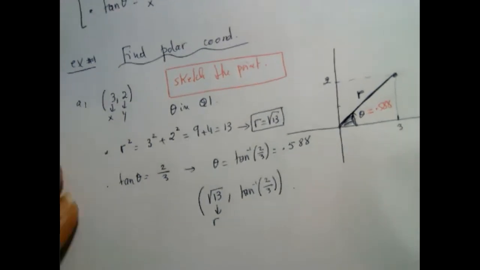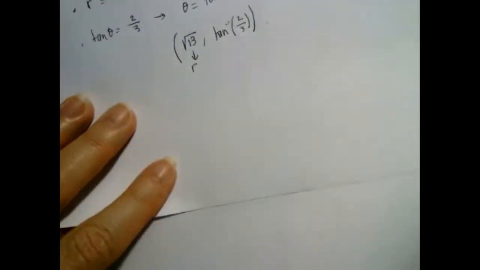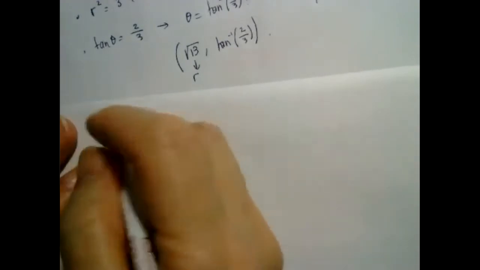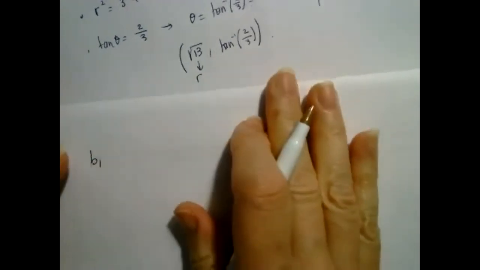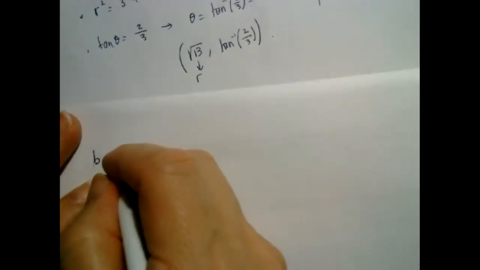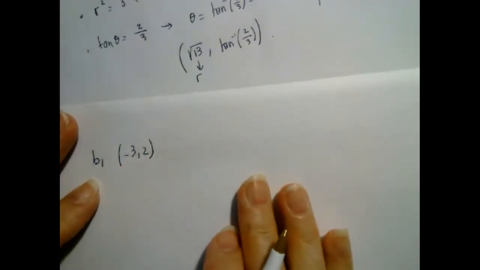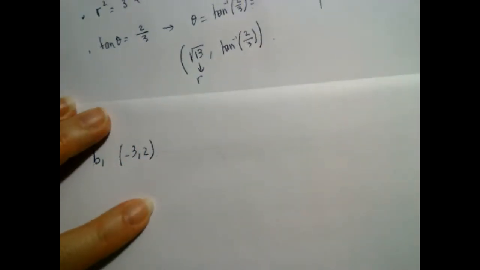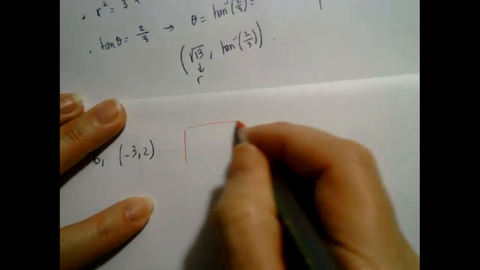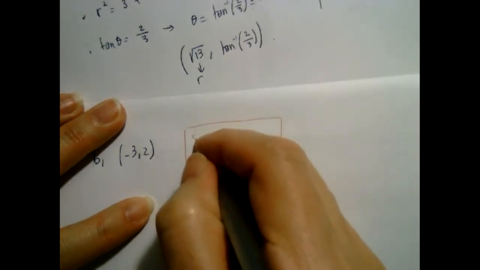Now example number 2. I'm going to take the following point, (-3, 2). That's Cartesian, and I want to find its polar coordinate. As I said, sketch the point first, and localize your theta.